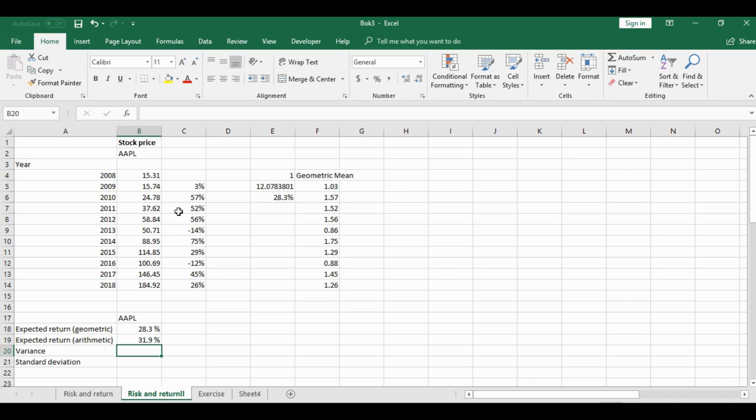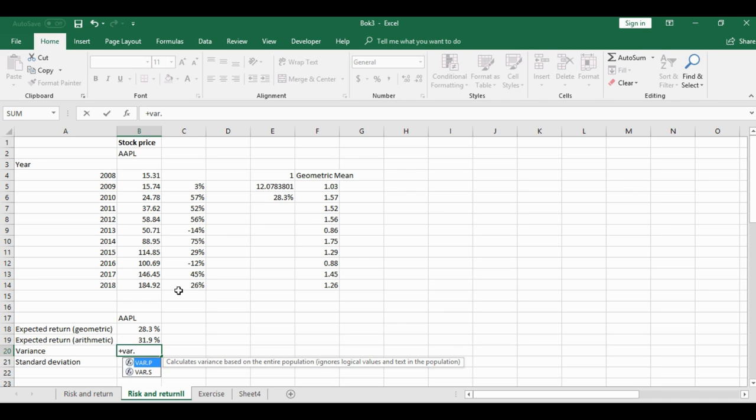Do you remember how to calculate variance? We take the return of each year, subtract the arithmetic expected return, all in a square form to avoid turning variance to 0. Since our dataset is quite large, we will be using an Excel formula for this. Our dataset is considered a sample from a population, so we will be using this formula, VAR.S.